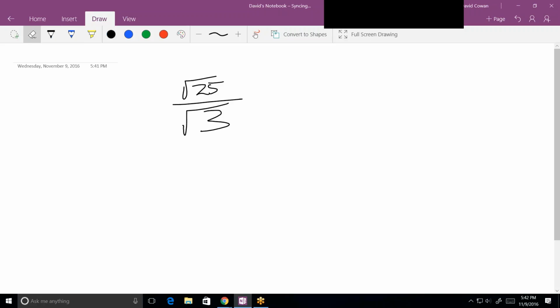Okay. You cannot have an irrational number in the denominator. That's just not a good way to present a problem. Okay, well, let's first of all take the square root of 25 and then put it over square root of 3. Now, it's called rationalizing the denominator, because currently it's irrational. But I can make it rational.